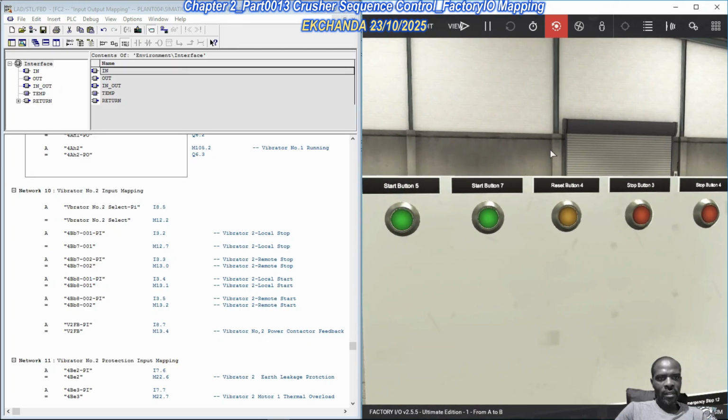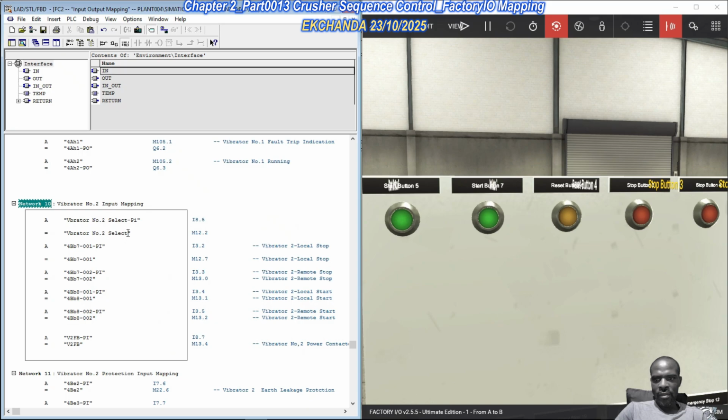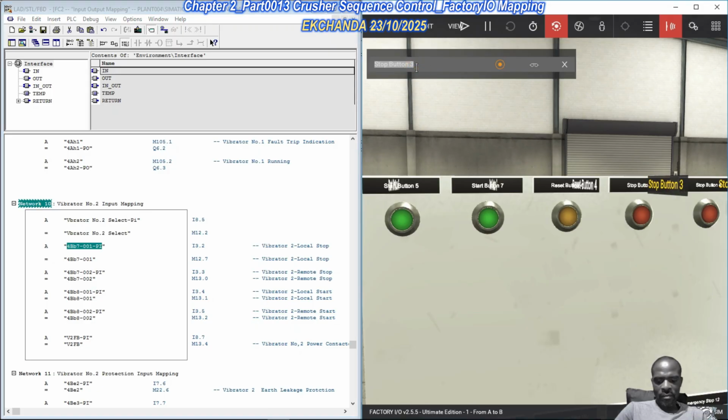Okay, so the first one is vibrator 2 local stop, which is this one here. Then of course we've got the remote stop.